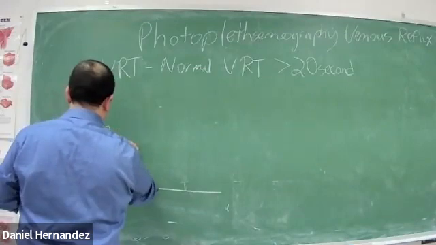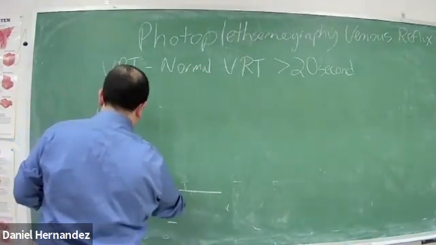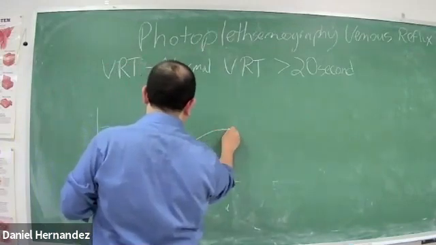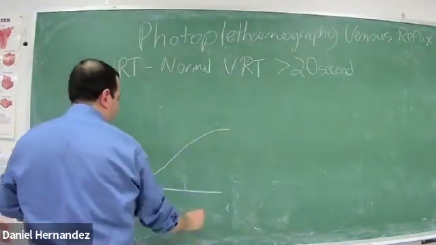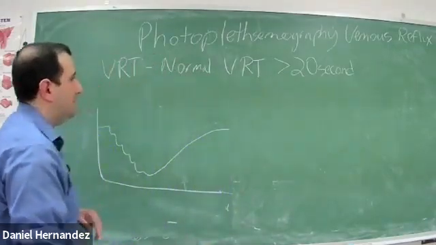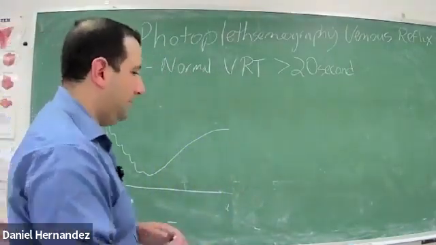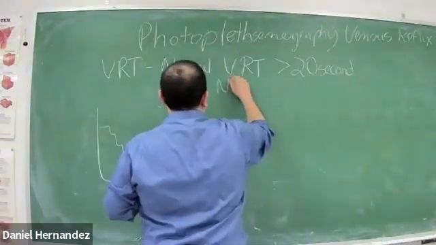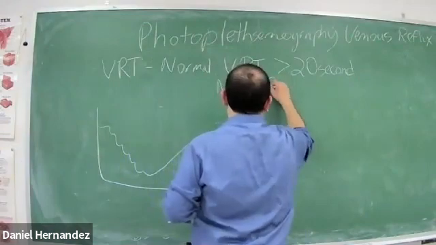They pump, pump, pump, pump, pump. If we get a slow, gradual return back, that's normal. If it's greater than 20 seconds, that would be normal. That would indicate no reflux.